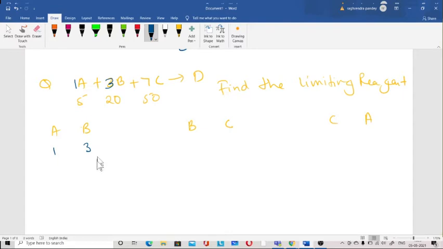So here how many moles of A are there? 5. So what is B? How much is it? 15. That is the requirement of B.